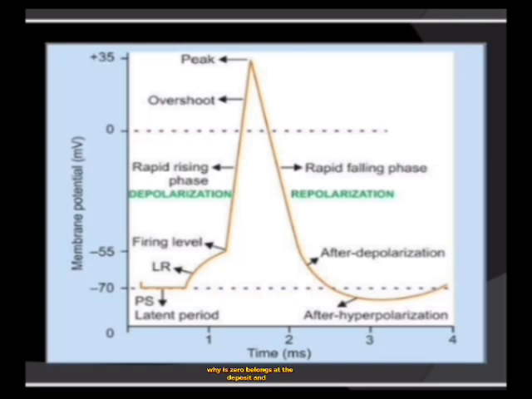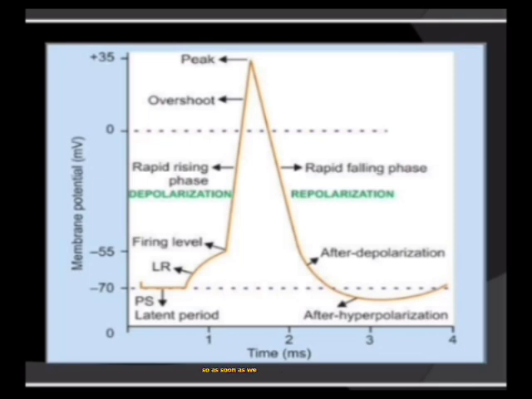And as potassium ions continue to leave the cell, repolarization becomes deeper and stronger. At the point it gets to its normal polarized state, the resting membrane potential of every nerve cell is minus 70 millivolts.